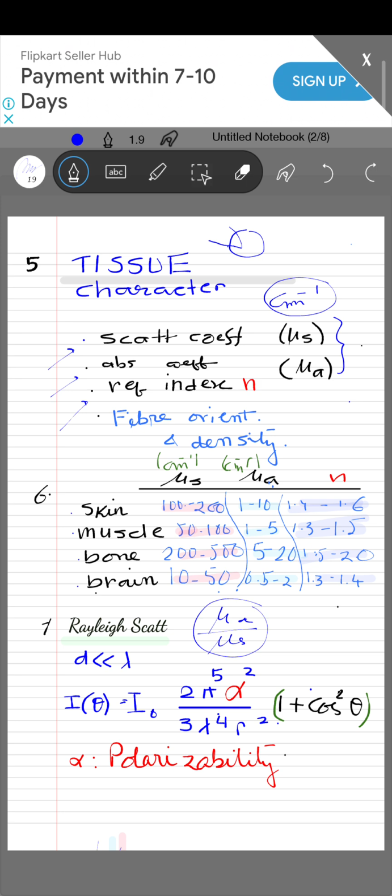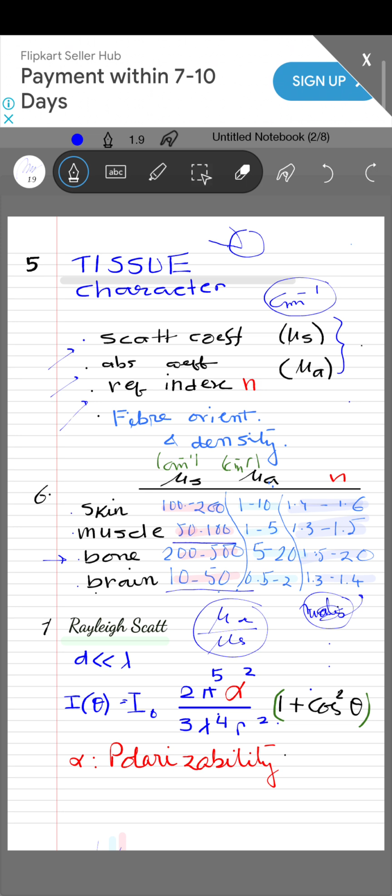In muscle, the ratio goes a little down, 50 to 100, whereas 1 to 5. Similarly, when the material gets harder, the ratio increases, and when it gets softer, the ratio decreases. Now, the refractive index, since there is a lot of water content in these tissues, remains around the value of water, 1.5.